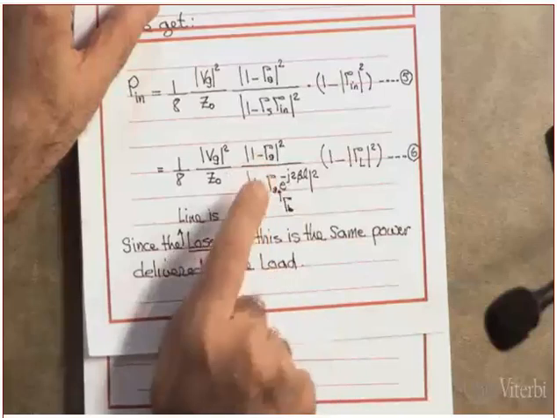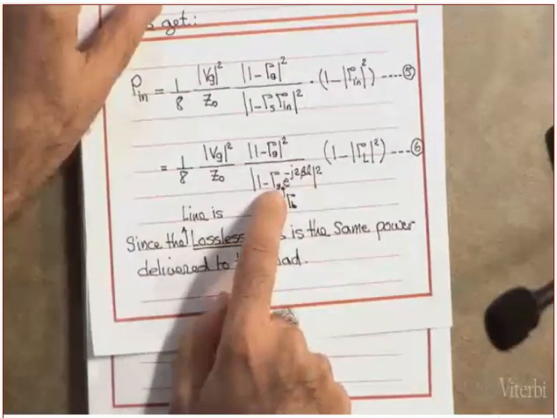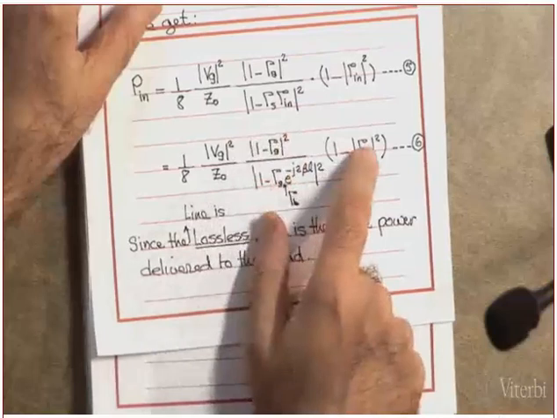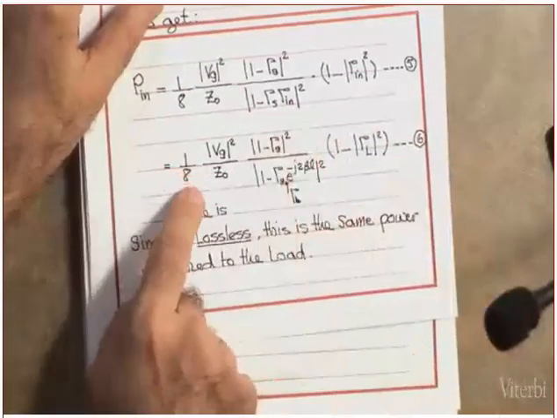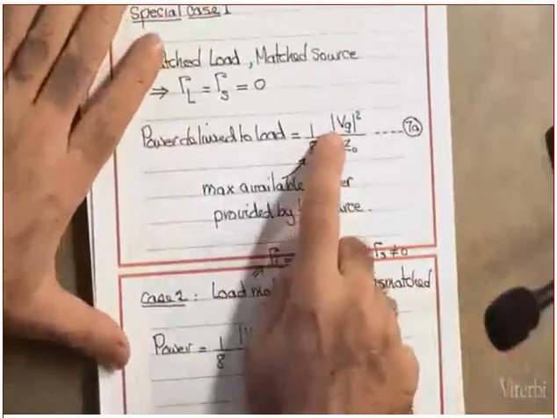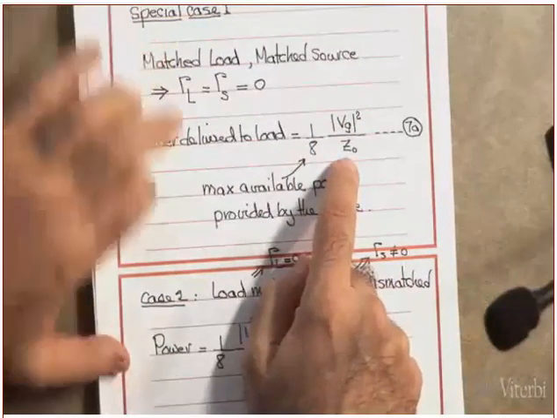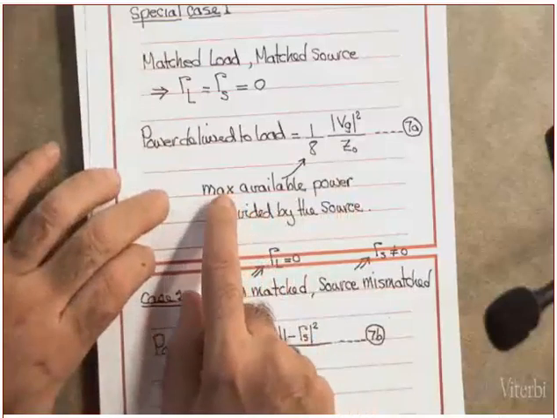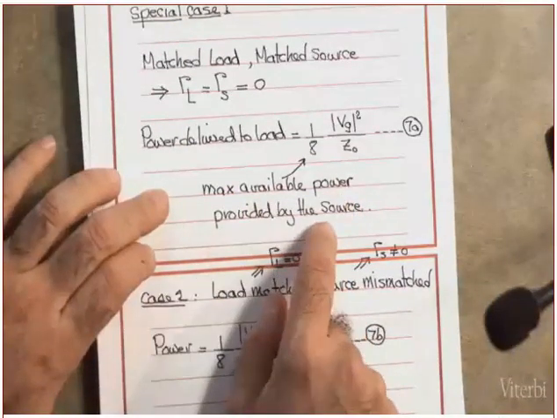Gamma G equals 0. Gone. Everything is gone with the wind. What remains? 1. So what do you get? 1 over 8, the absolute value of VG squared divided by Z0.